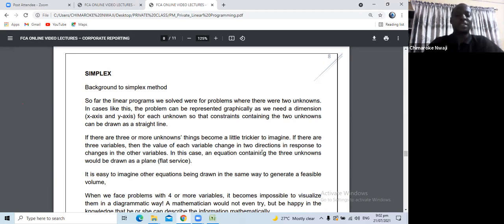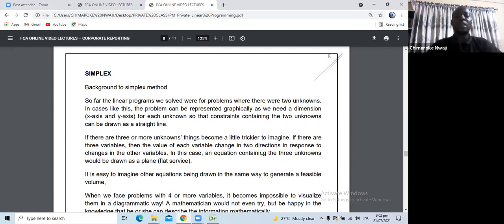Now that's fine. When it gets to 3 unknowns, people look at it differently. It becomes trickier to imagine. If one is changing, it will affect the other two. So you can be looking at it in a three-dimensional plane.